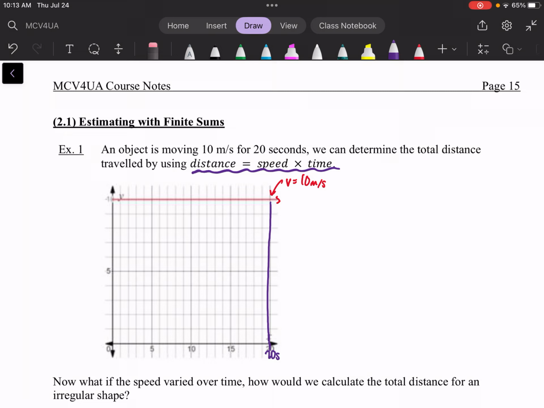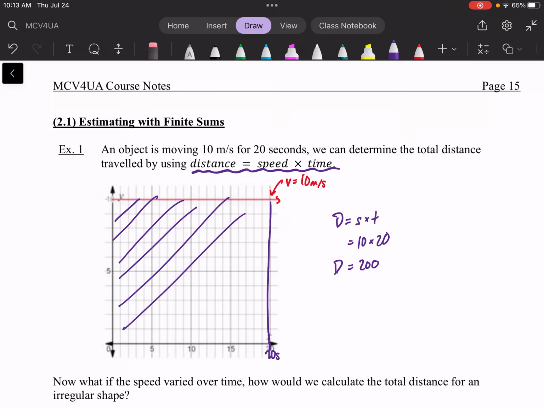To calculate this, all we do is take speed times time. The speed is 10, time is 20, which is 200. And if you remember from grade school, when you learned about multiplication, multiplication is just the area between two sets of values, one value being 20 and one value being 10.